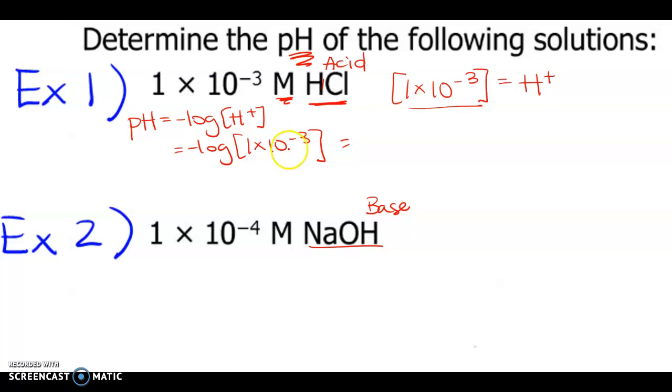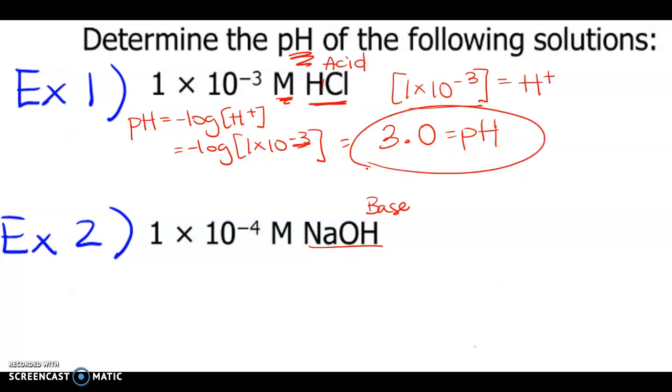Watch those parentheses. Make sure you're in the exponent, and then you get back out of it once you type that in. When you type in negative log of 1 times 10 to the negative 3rd, you should get 3 as your answer. So the pH for this first example is 3.0.